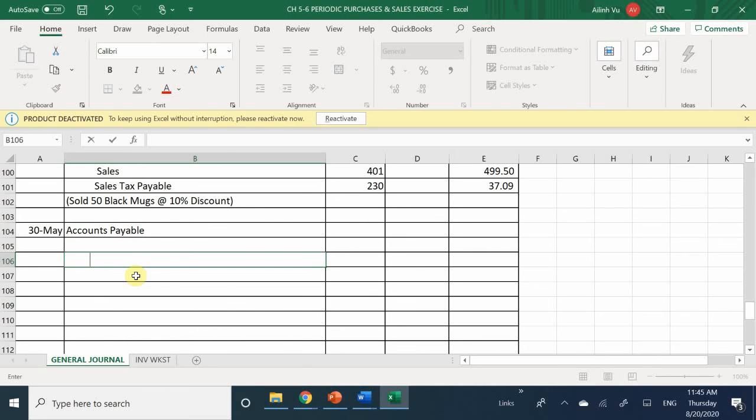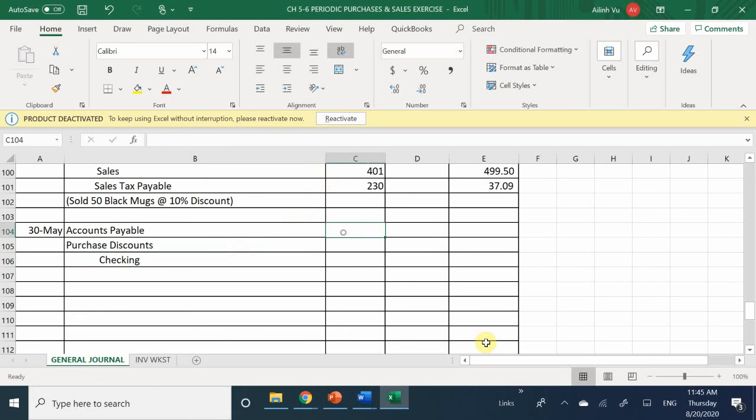Purchase discounts, good. And then we have our checking here. So what account number is my purchase discount? 555, and my checking is 101.